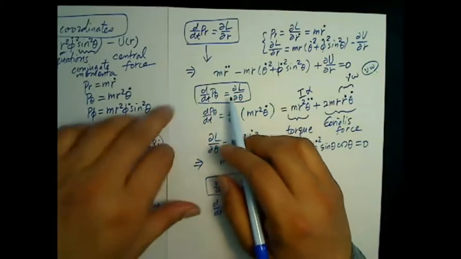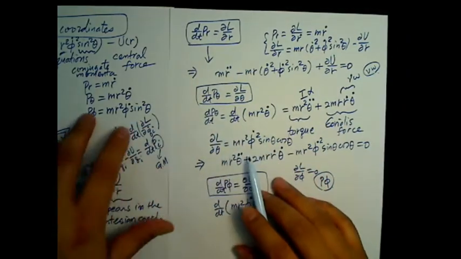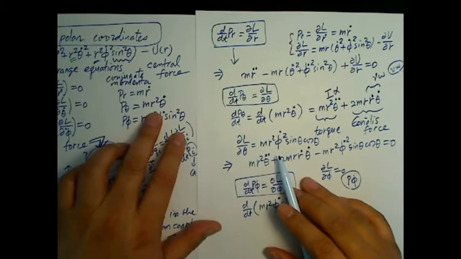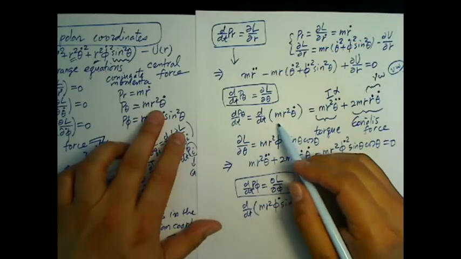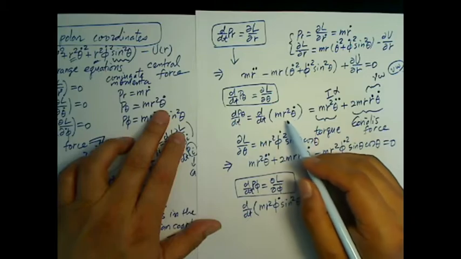P theta's time derivative is P theta. Where is P theta? P theta is here. Orbital angular momentum regarding the rotation of angle theta. That is I omega. Omega is replaced with the theta dot, and R is the lever arm of that rotation.